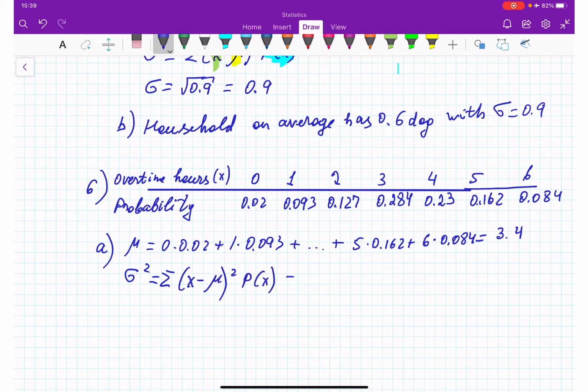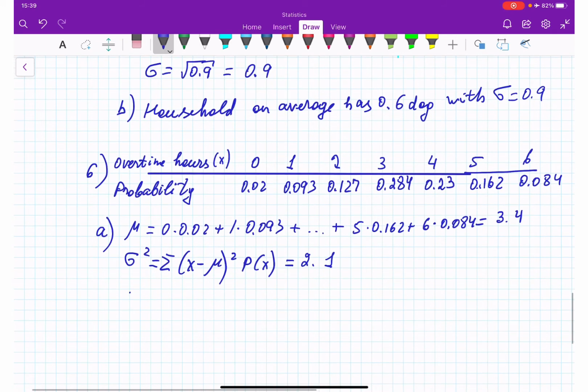If you plug in the formula or the calculator, you're going to get 2.1. So in the calculator, you're going to place only x, overtime hours, and probability accordingly, and it will give you the variance. And the standard deviation, obviously, is going to be the square root of 2.1, which is going to be 1.4.